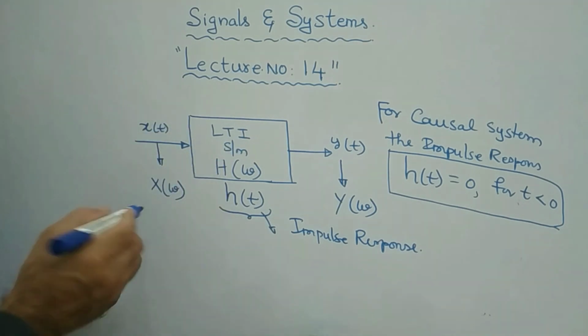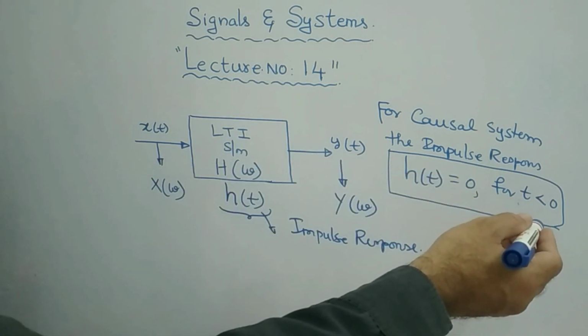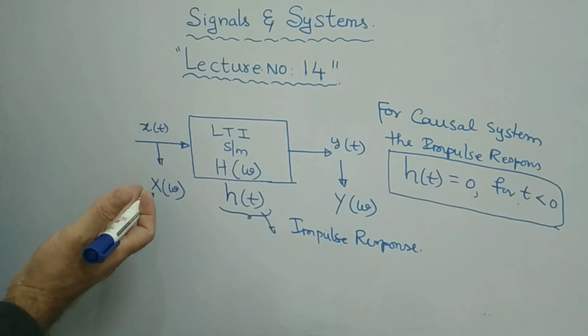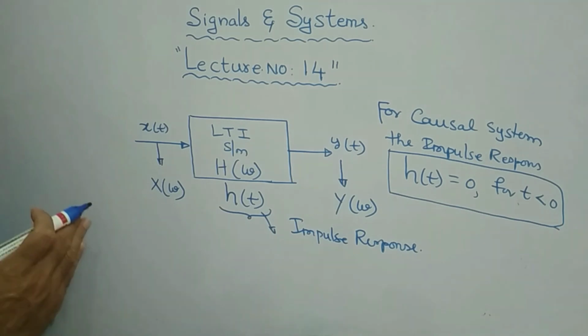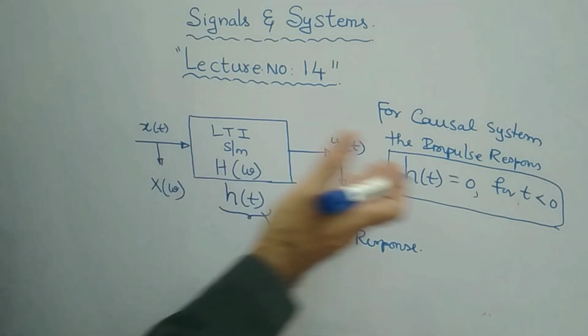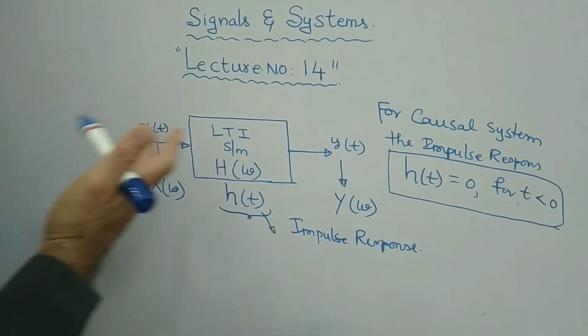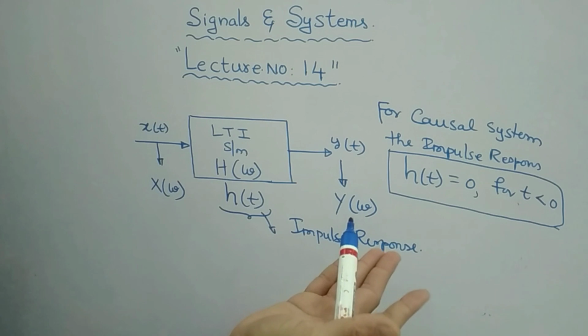It means that t less than 0 is before the application of the input, meaning we have not applied any input. So before the application of the input, the impulse response of the system must be 0. In fact, if you do not give any input, obviously the system should not give any output in general.